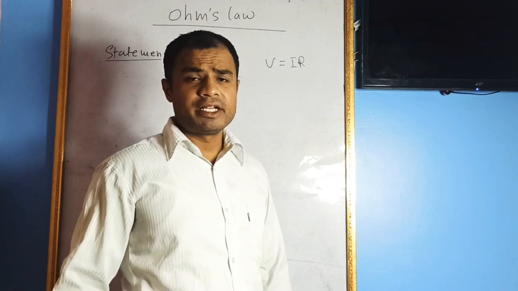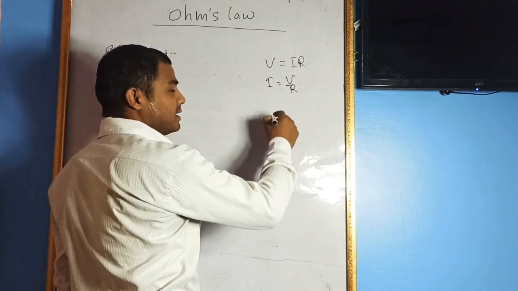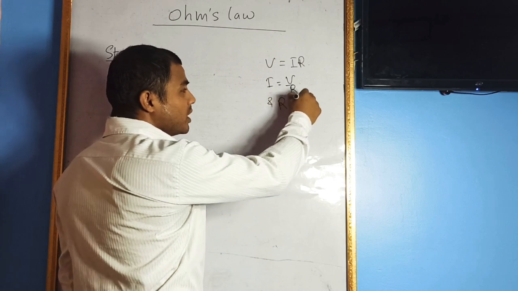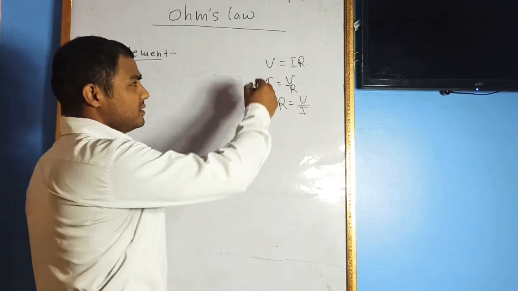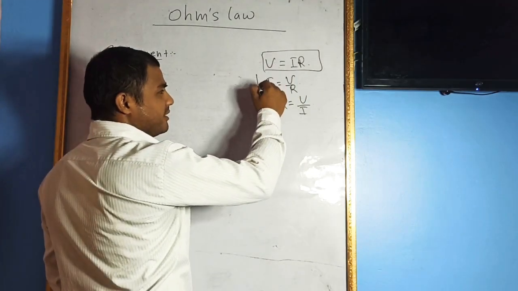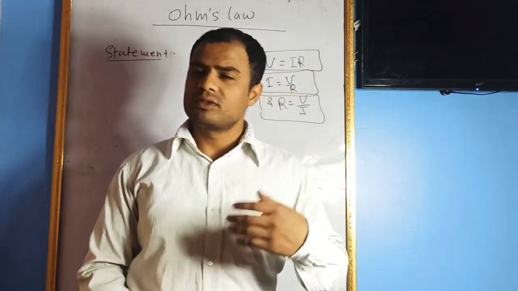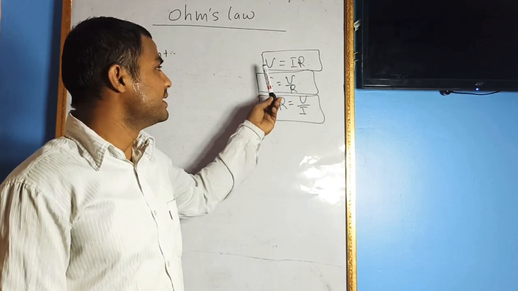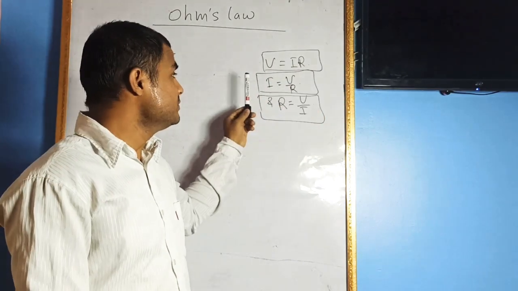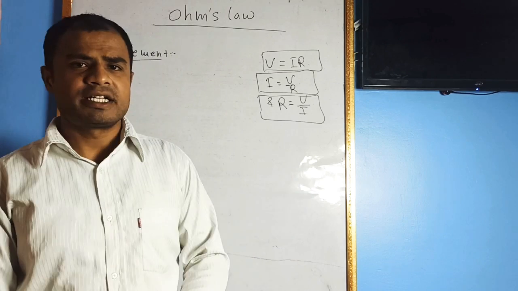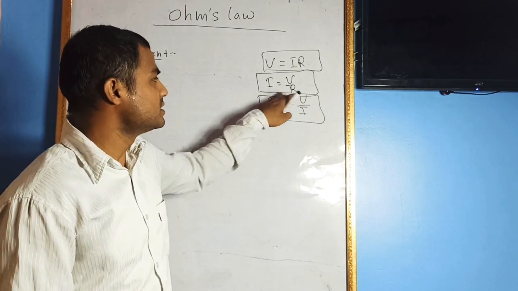And in the second way, I equal V by R, and R equal V by I. So here we have three formulas of Ohm's law statement. We discussed the first one already, and now look at the second one. How can we state Ohm's law in this second case?